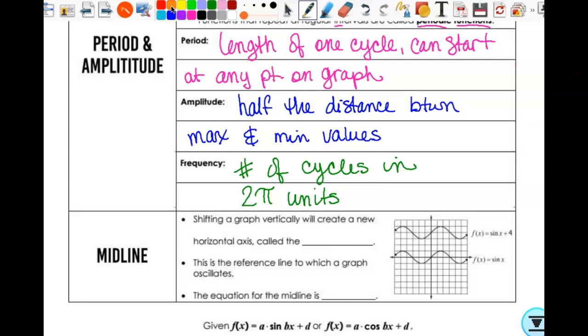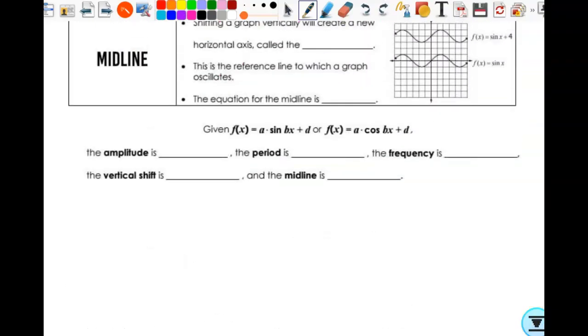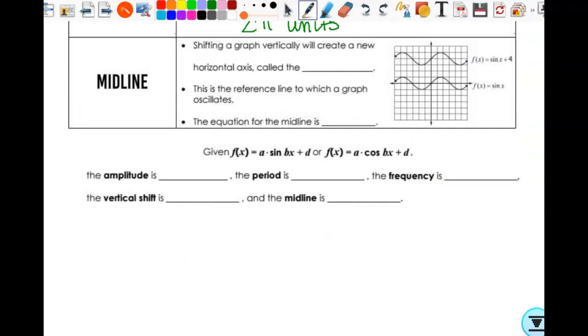All right, let's talk about the midline. So if we're going to shift, shifting the graph vertically will create a new horizontal axis called the midline. So for my parent function, the midline right here is at y equals 0. So this is f of x equals sine x. This is f of x equals sine x plus 4.